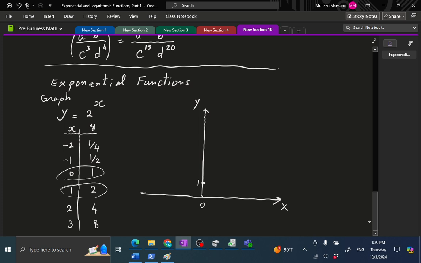2 to the power of 1 is 2. Let's say this is 1, and then I'll be at 2. At 2, we are going to be at 4. So 1, 2, 3, and 4. At 3, we are at 8: 4, 5, 6, 7, and 8.